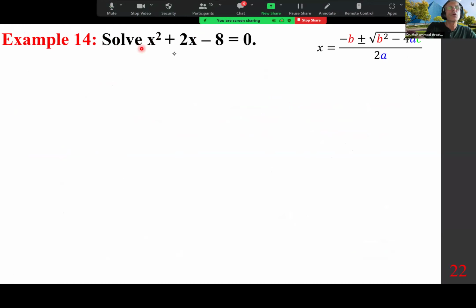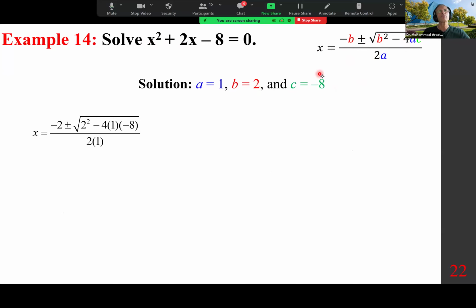All right, so we're going to solve this equation x squared plus 2x minus 8, where obviously a is 1, b is 2, and c is negative 8. We plug it into the formula, so we get minus 2 plus minus the square root of 2 squared minus 4 times 1 times negative 8.